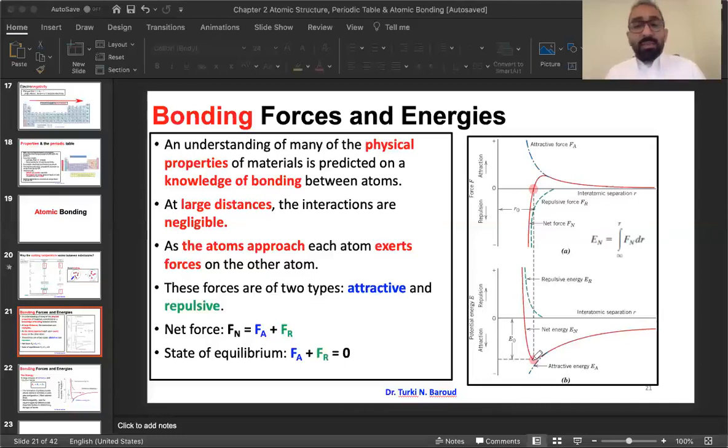That's wrong. E net will not equal 0; E net will be minimum. What is going to equal 0 is the net force. So when F net equals 0, the net energy will be minimum, and that will be at the equilibrium interatomic spacing.